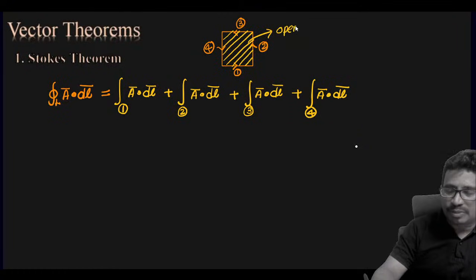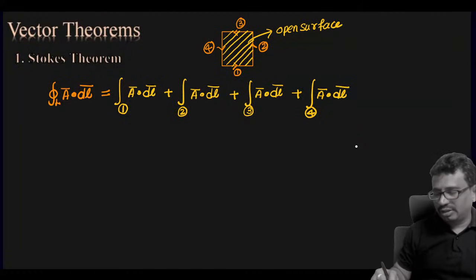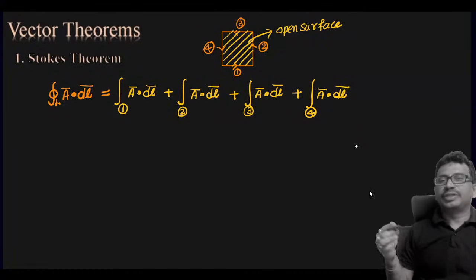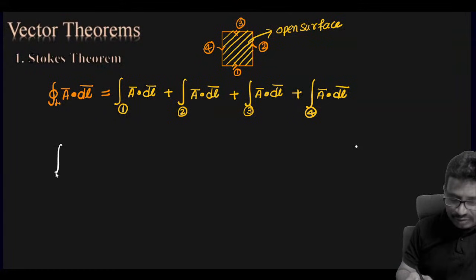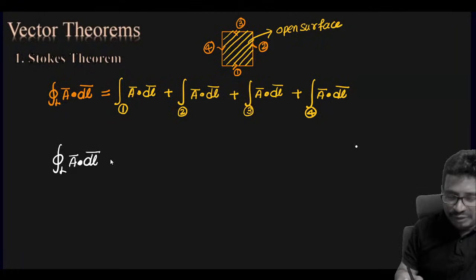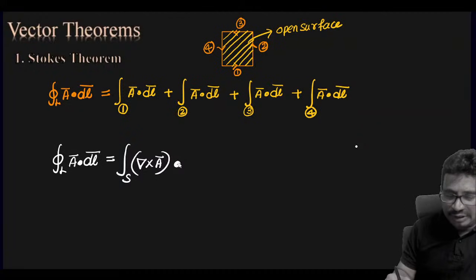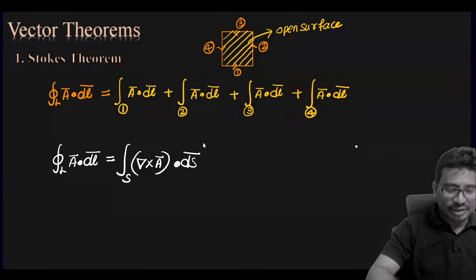Based upon this property, we convert this closed line integral into an open surface integral. That is, the closed line integral of A bar dot dl is equal to the open surface integral of del cross A dot ds.